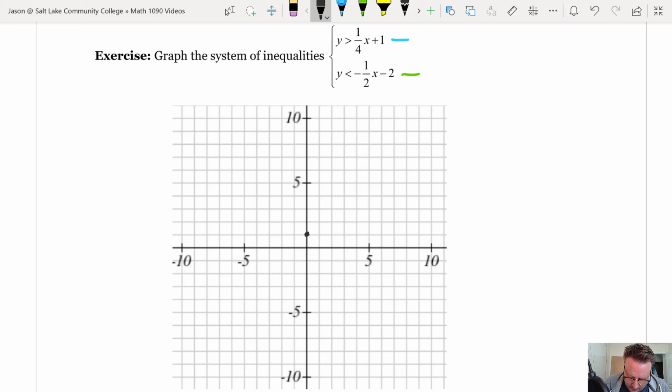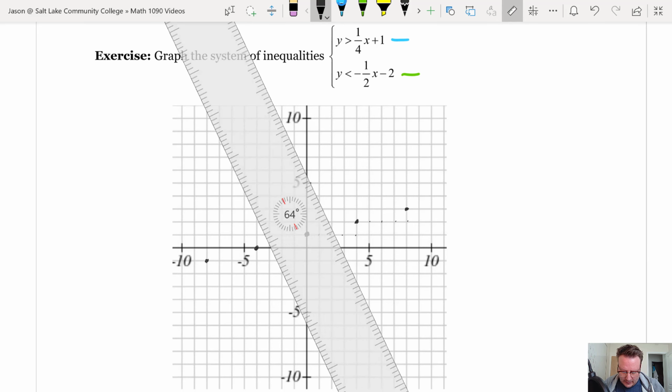So I'm going to run 4: 1, 2, 3, 4. I rise up 1. Puts me there. I run 4 again: 1, 2, 3, 4. I rise up 1. Puts me there. Okay, and maybe go 1, 2, 3, 4 in the other direction. Go down 1. Okay.